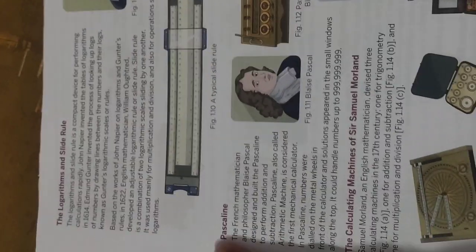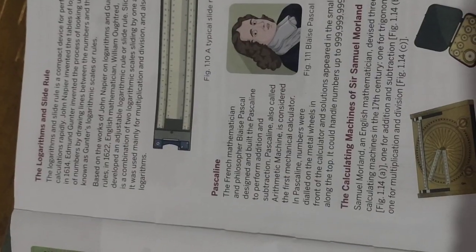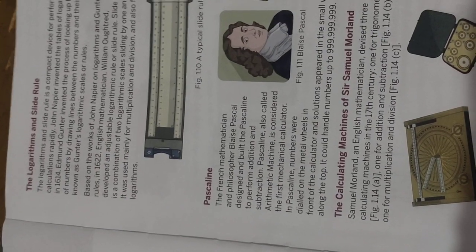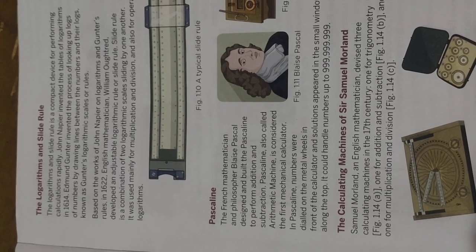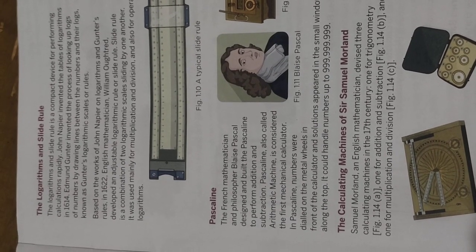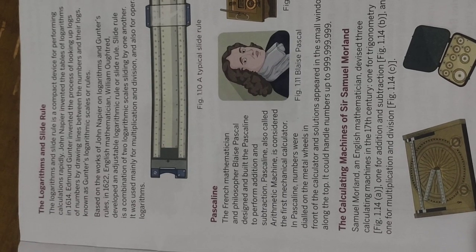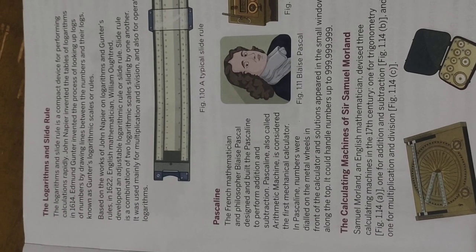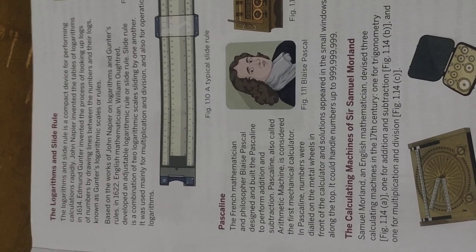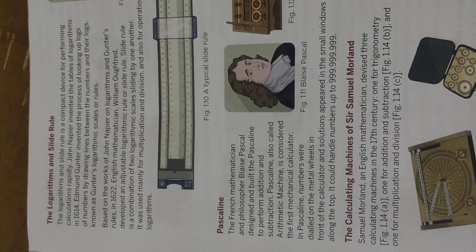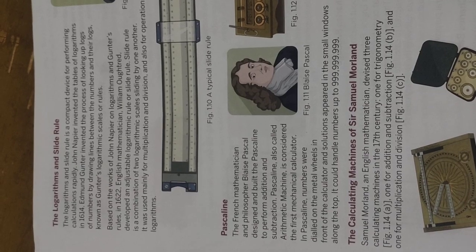Okay, so now we have to discuss Pascal. The French mathematician and philosopher Blaise Pascal designed and built the Pascaline to perform addition and subtraction. Pascaline, also called the arithmetic machine, is considered the first mechanical calculator. Numbers were dialed on the metal wheels in front of the calculator and the solution appeared in a small window.